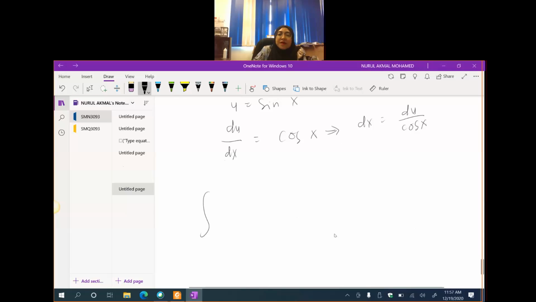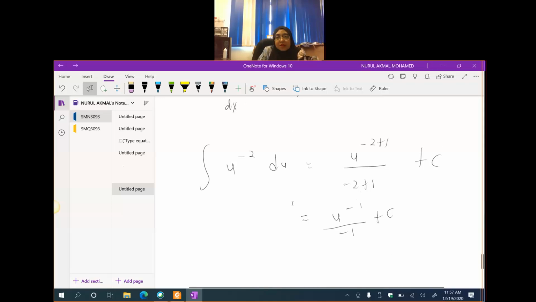So integration of u to the power of negative 2 with respect to u will give you u to the power of negative 2 plus 1, divided by negative 2 plus 1, and then plus c, isn't it? So it will give you u to the negative 1 divided by negative 1 plus c, or it can also be written as negative 1 over u plus c.